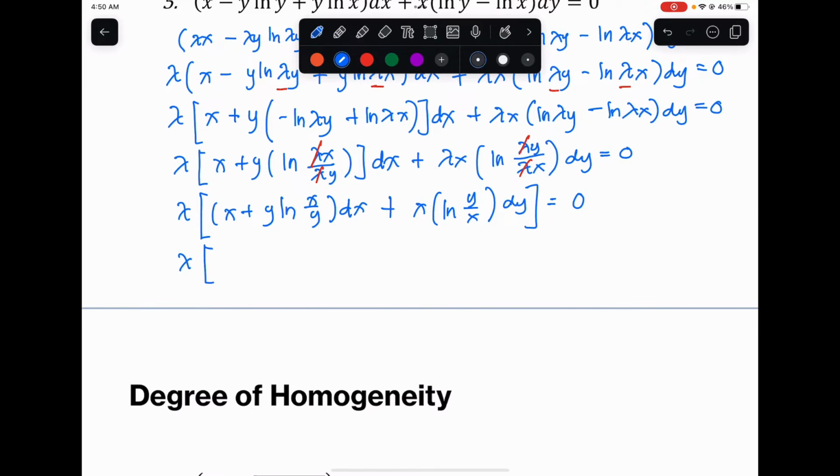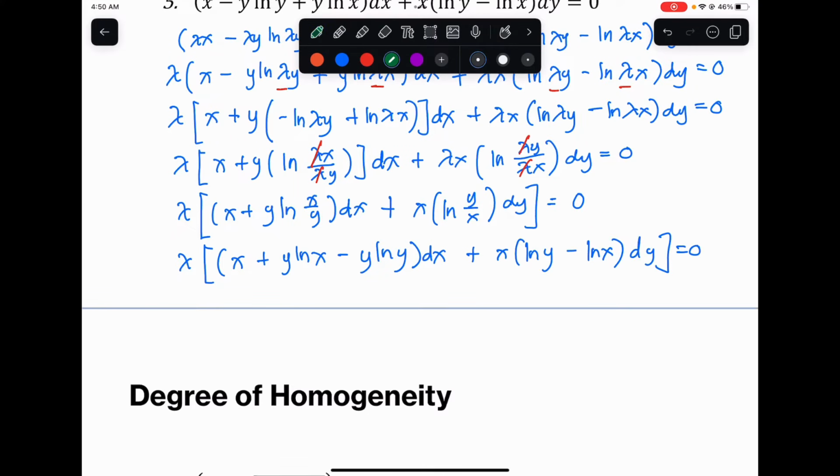Or this is the same as x plus y ln x minus y ln y dx, and plus x ln y minus ln x dy is equal to 0.